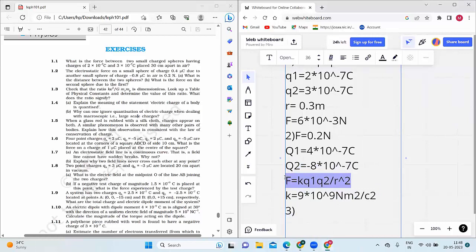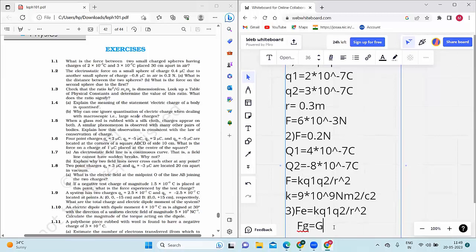We know that electrostatic force will be K Q1 Q2 by R square. Also, we have gravitational force. Let us say Fe is the electrostatic force and Fg is the gravitational force.